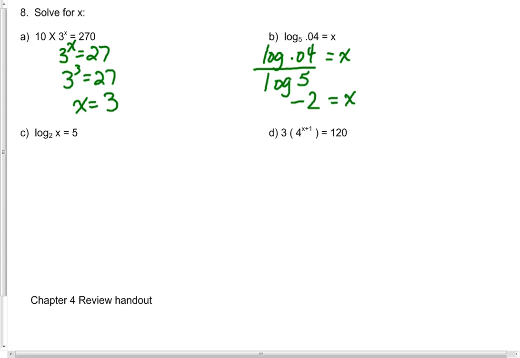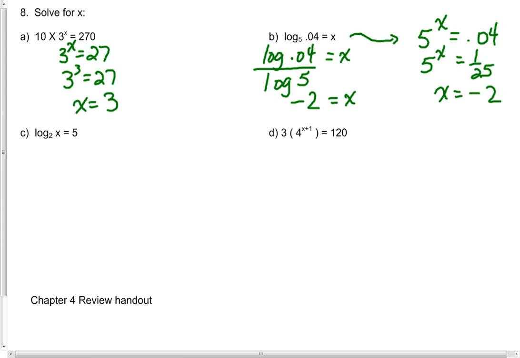But if you weren't sure about that way, you could always translate it to an exponential function. So if log base 5 of 0.04 is x, that means that 5 to the x is equal to 0.04. 4 out of 100 is the same as 1/25. So I know my x value would be negative 2.